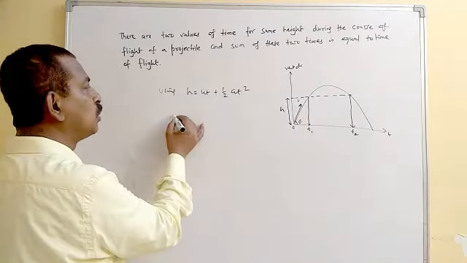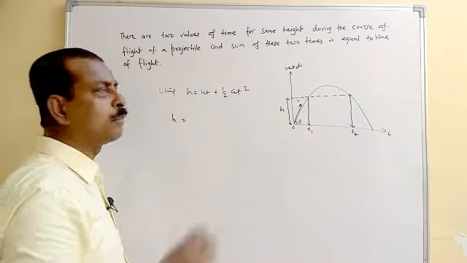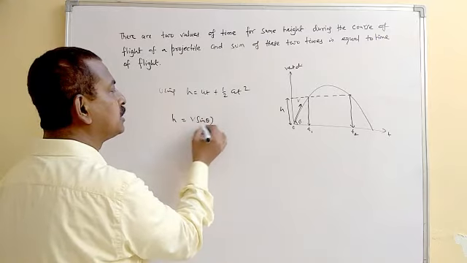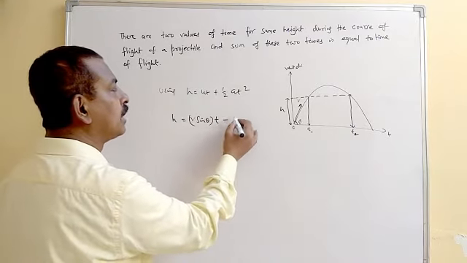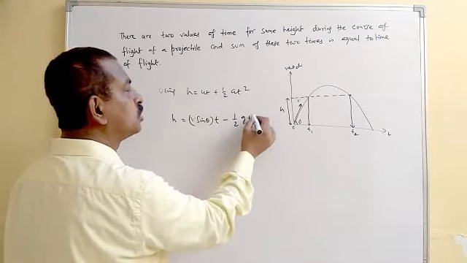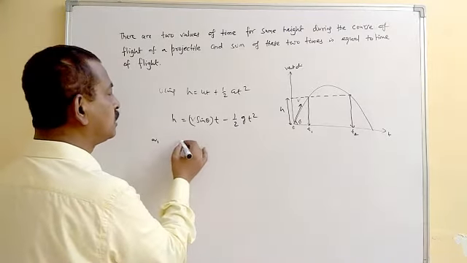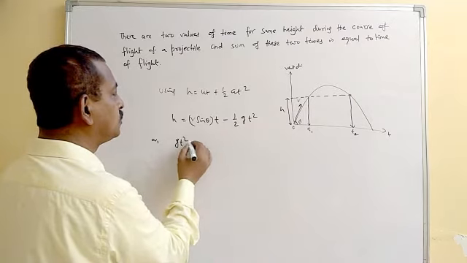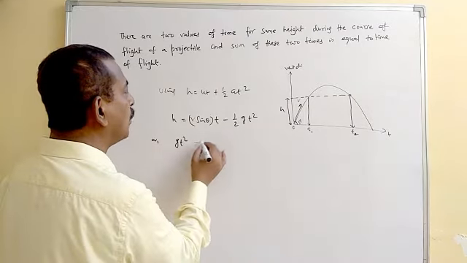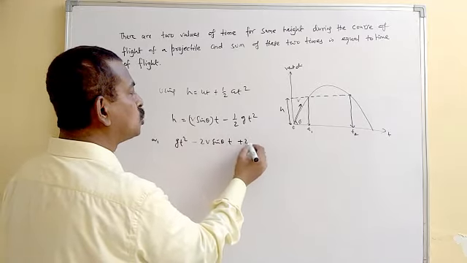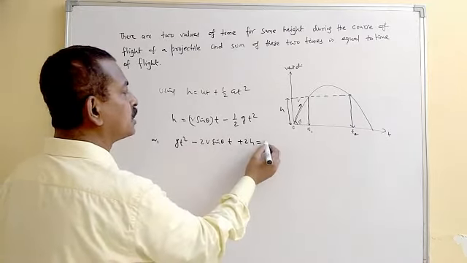Initial vertical velocity is v sine theta into t, then minus g into t square. Or you can write it as gt square minus 2v sine theta t plus 2h equals 0.